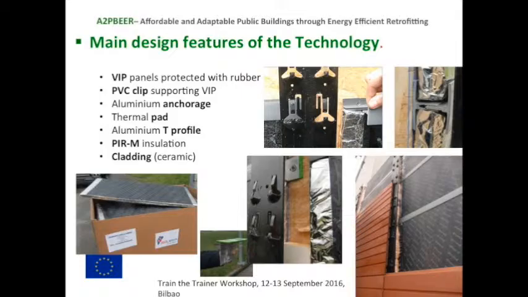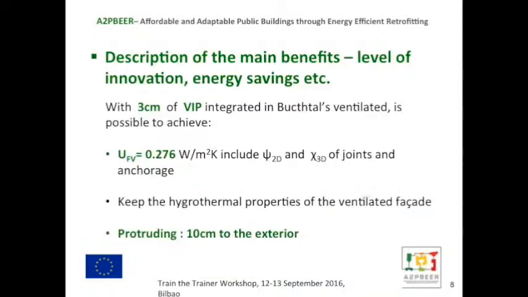The beams have been improved with this rubber. A new development by Bergamo, the PVC clips to support the vacuum insulation panels. We have the aluminium anchorage, thermal pad, aluminium T-profile, pier insulation, and claddings.